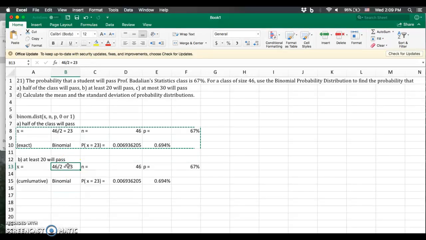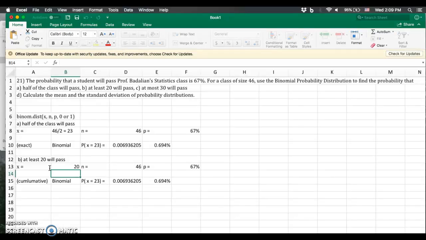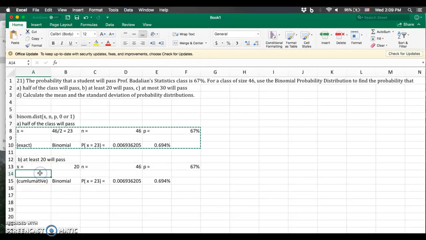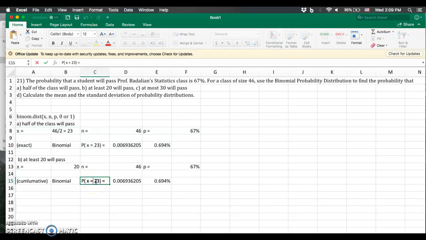So at least 20 will pass. X is going to be 20. At least 20 means we're looking for 20 and up.